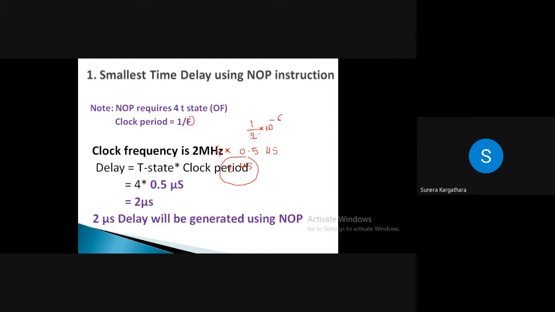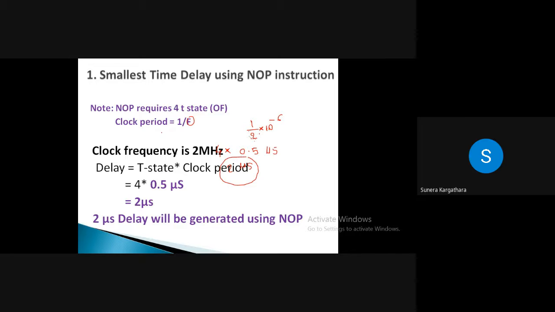There is an option that if I know the machine cycle and T state of 5 to 6 instructions, I am able to deal with this topic. But make sure there is a separate timing diagram also. For that you need to check your machine cycle and T state as well, right? When we did the timing diagram topic, at that time also we discussed that it is very important to understand the timing diagram.